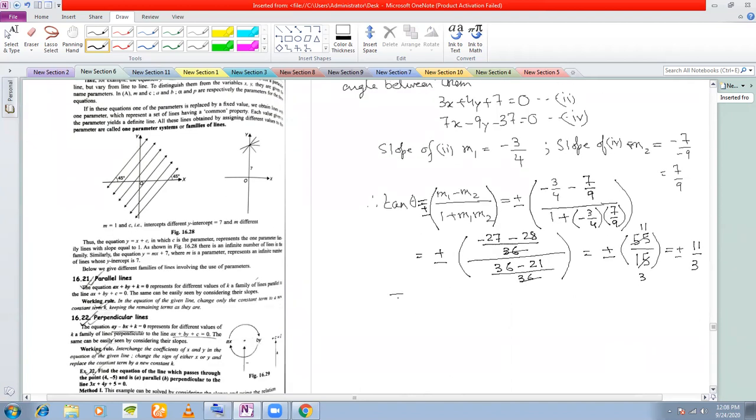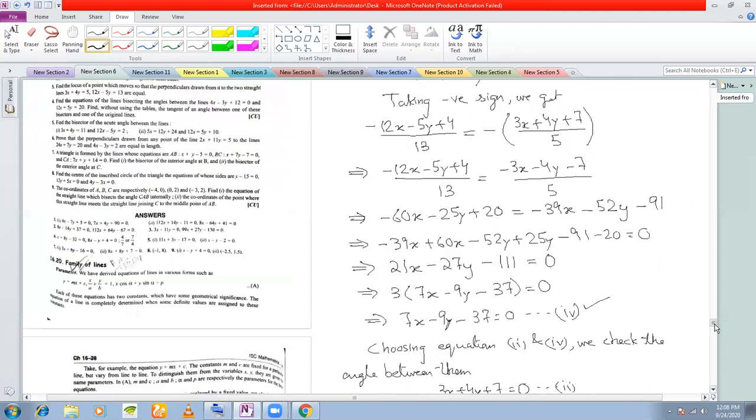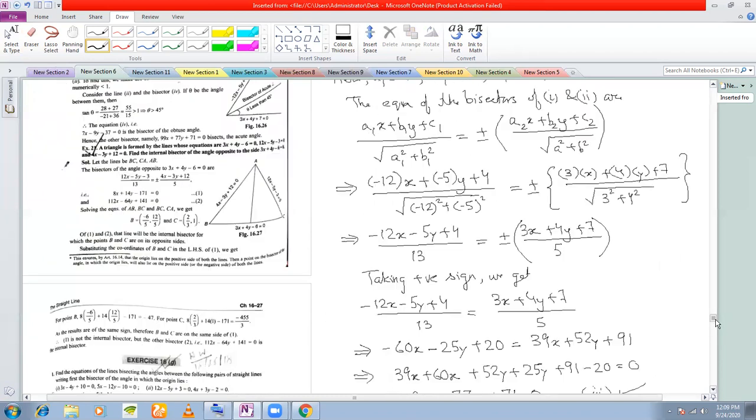Taking the positive sign, tan theta is equal to 11 by 3.